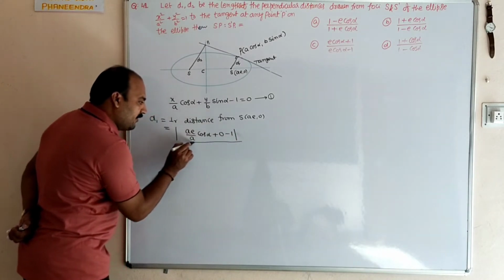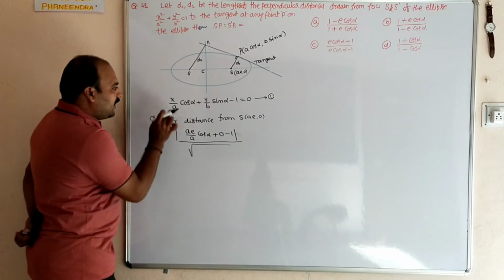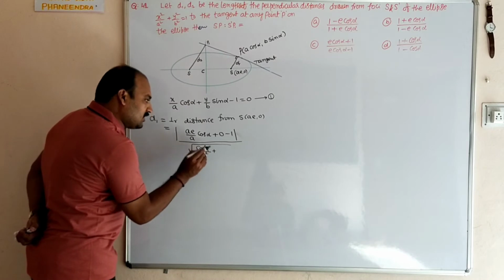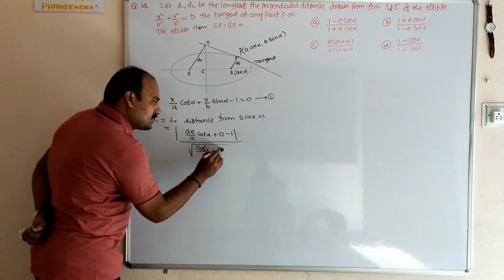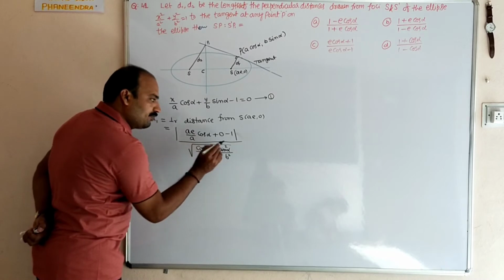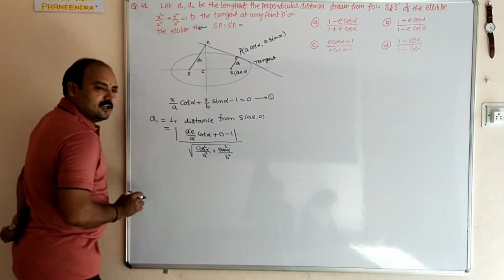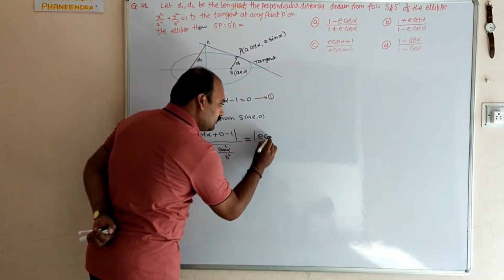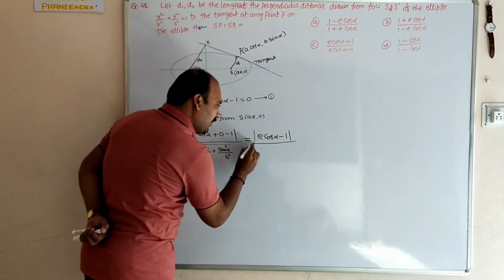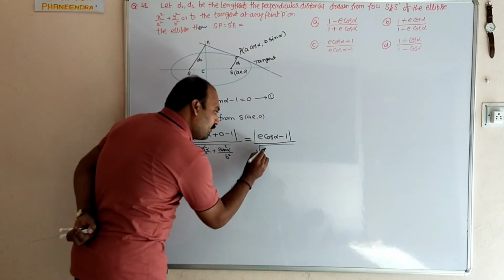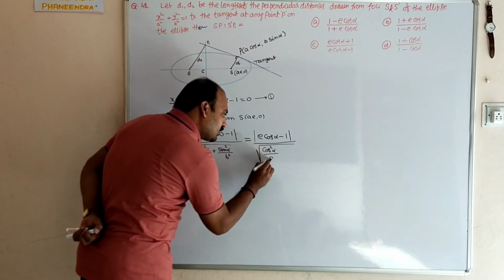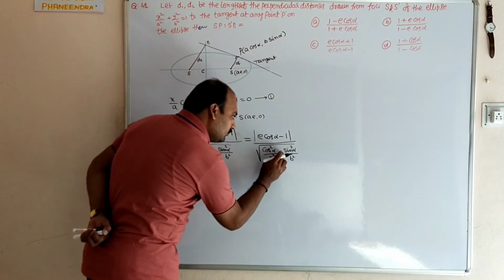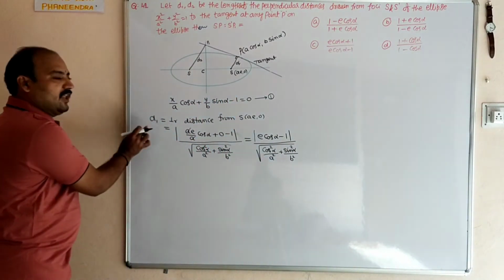Minus 1, divided by the square root of x coefficient whole square, that means cos square alpha by a square plus y coefficient whole square, sin square alpha by b square. Here a gets cancelled, which is equal to mod e cos alpha minus 1 divided by root of cos square alpha by a square plus sin square alpha by b square. This is the value of D1.